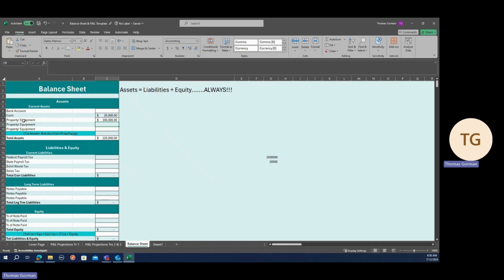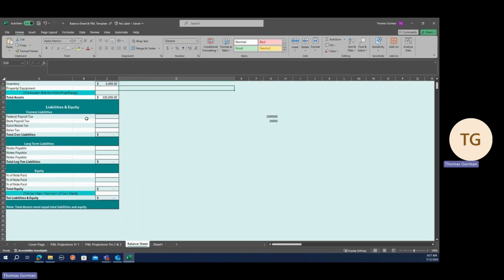If you wanted to break it into inventory, we could put inventory right here, and we could label that at 5,000, reduce that to 95,000. So you can see how we've got that broken down. These are your assets. So you've got property and equipment, you've got inventory, you've got cash, and that's pretty much all that's going to be required on the asset side.